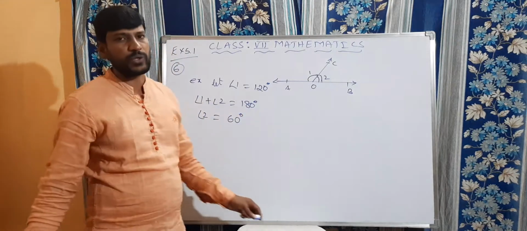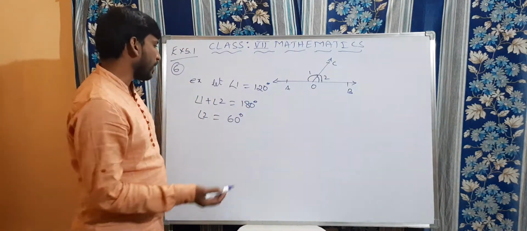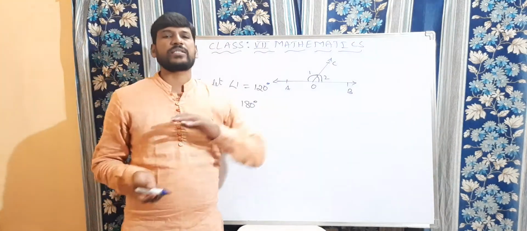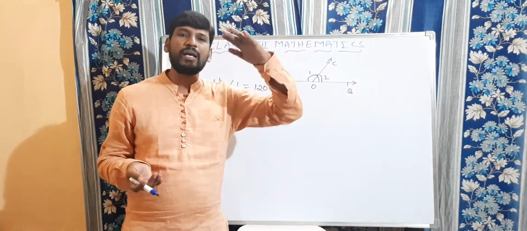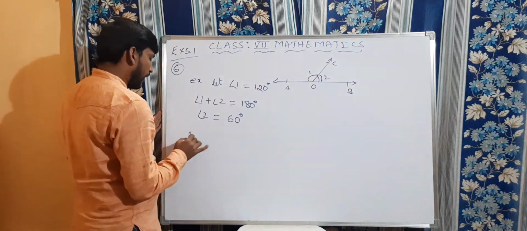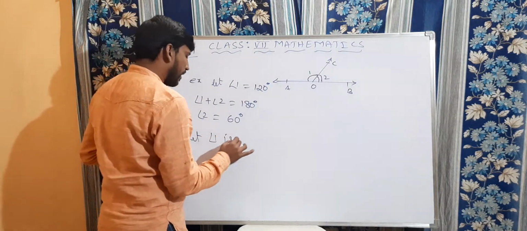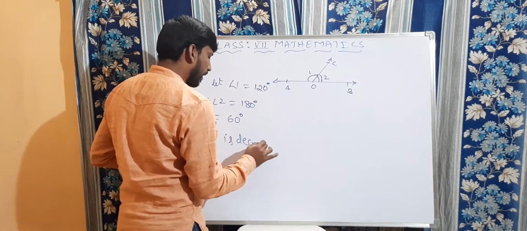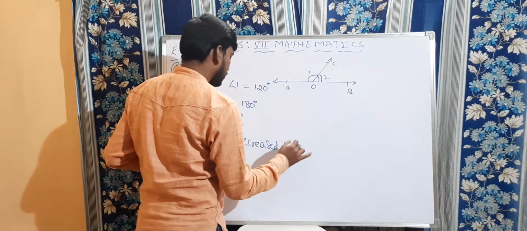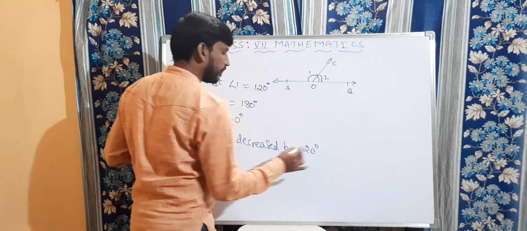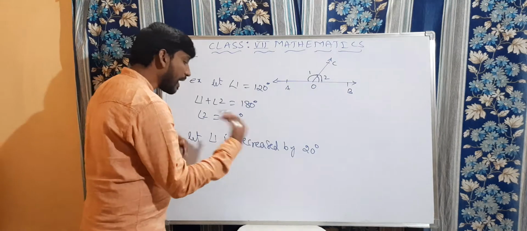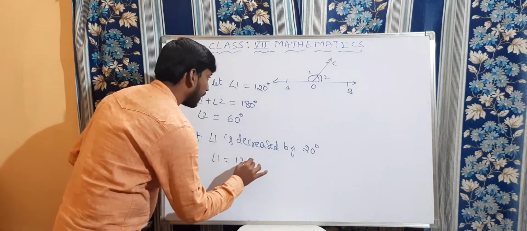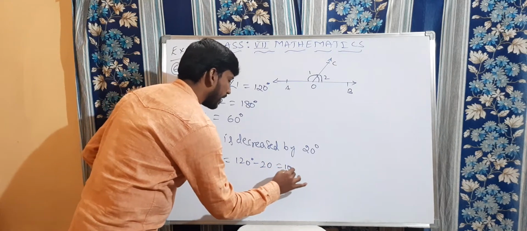According to the given question, angle 1 is decreased, meaning its value will decrease. Suppose we decrease it by 20 degrees. Then angle 1 will become 120 minus 20, which is equal to 100 degrees.